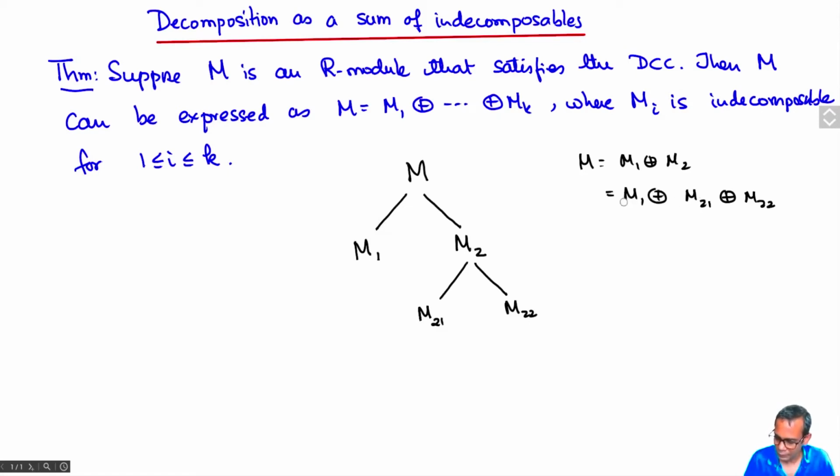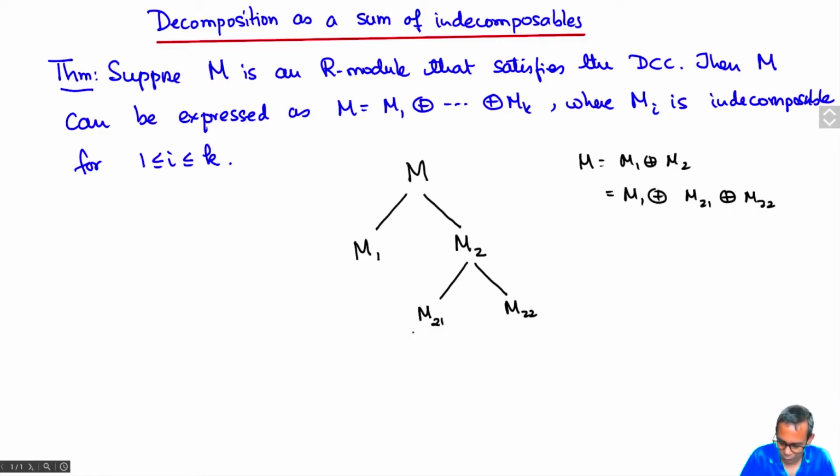But it turns out that M is now a direct sum of M1, M21 and M22. And if M21 and M22 were both indecomposable, we would be done. We would have a direct sum decomposition of M into indecomposable modules. But maybe they are not.